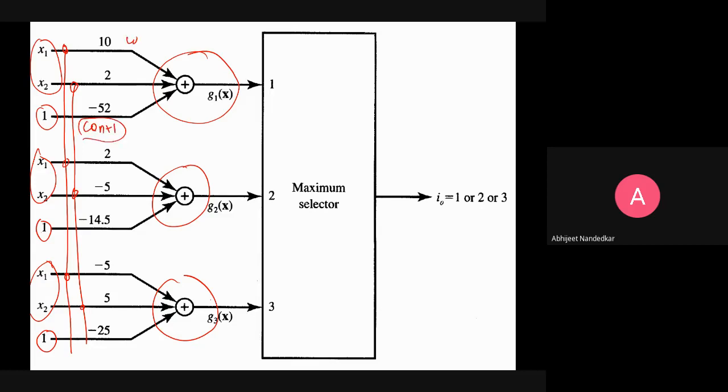So this is W1, this is W2, and this will be W3 in this case. So there are 3 parameters to be adjusted to obtain G1(x), G2(x), G3(x). Whichever is producing the largest output, the index of that will be thrown as the output class. So this is very simple.